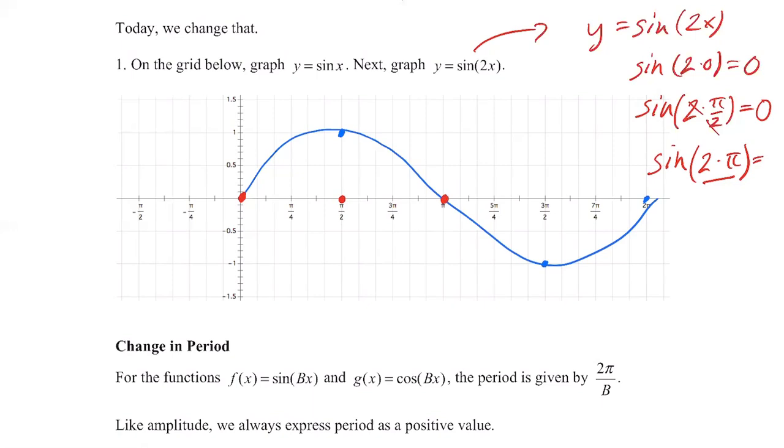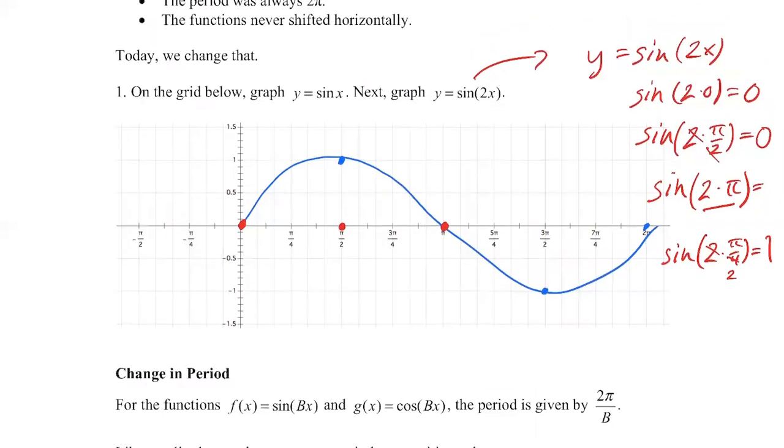Let's see what happens if we plug in pi over 4. So sine of 2 times pi over 4. Well, cancellation means that this looks like the sine of pi over 2. That was 1. So that means that the sine of 2 times pi over 4 behaves like the sine of pi over 2. So at pi over 4, this sine of 2x is equal to 1.